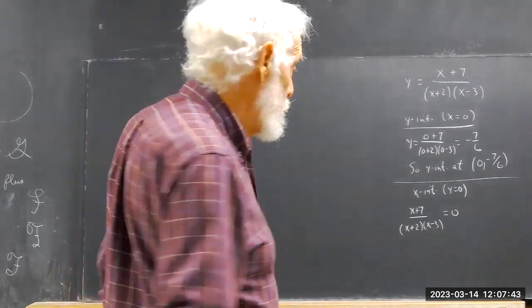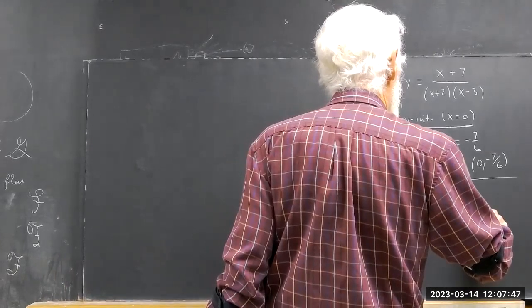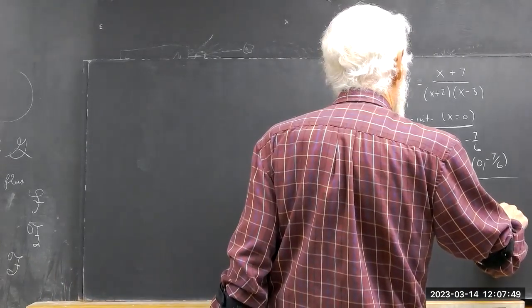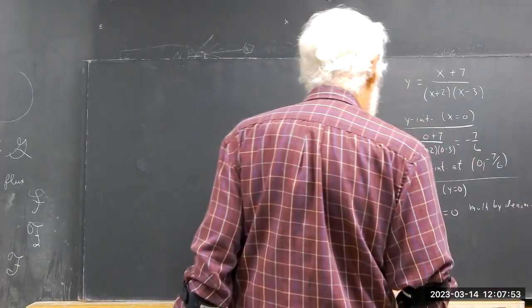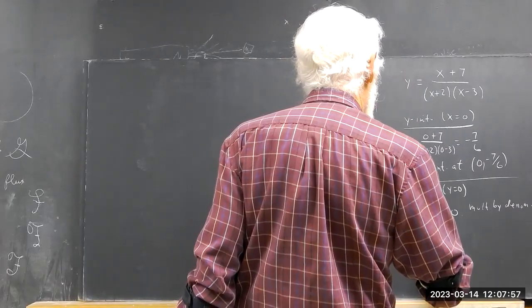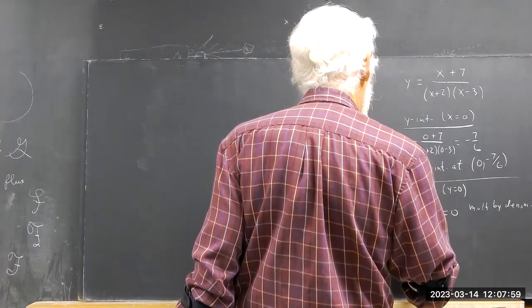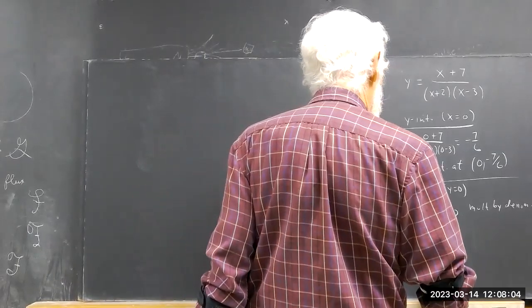Okay. Well, again, multiply both sides by the denominator, and you get x plus 7 equals 0.